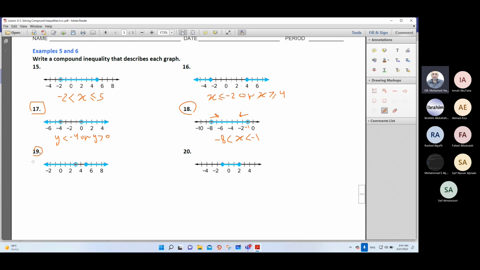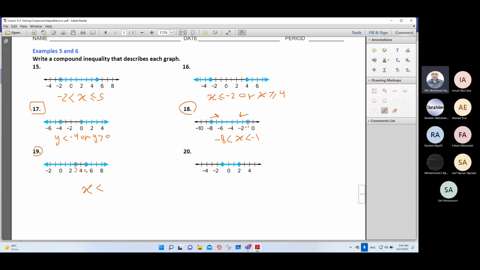Between 2 and 4, here will be 3. And here 5.